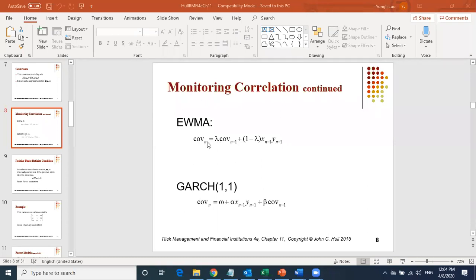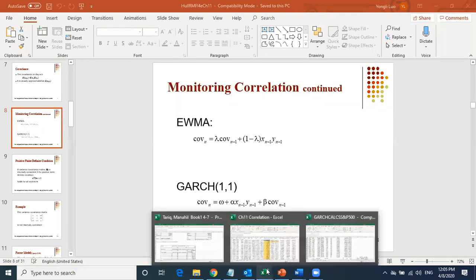So the current variance, covariance, is equal to lambda times the covariance of the previous period, plus 1 minus lambda times x n minus 1, okay, x n minus 1 is the return of the previous period.